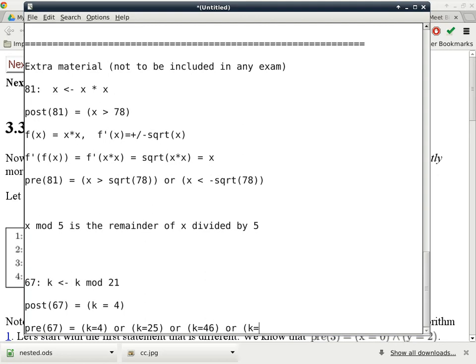If I just go to the positive side, the next one after 46 is 46 plus 21, which is 67, and so on. Because 4 mod 21 is 4; 4 divided by 21 has a remainder of 4.